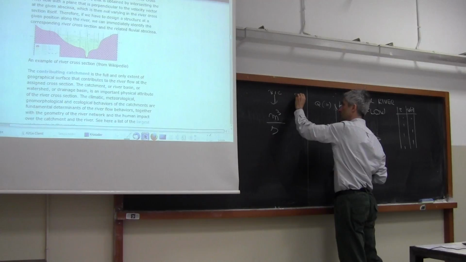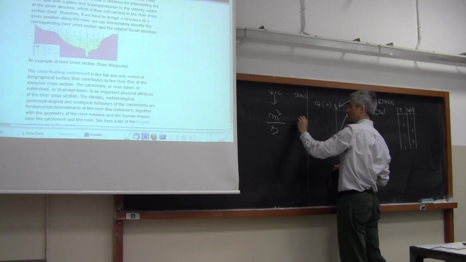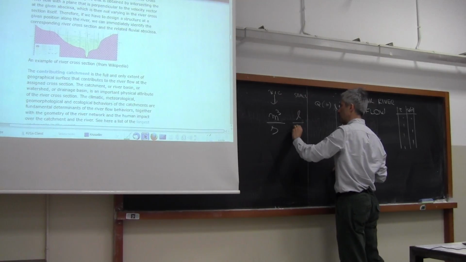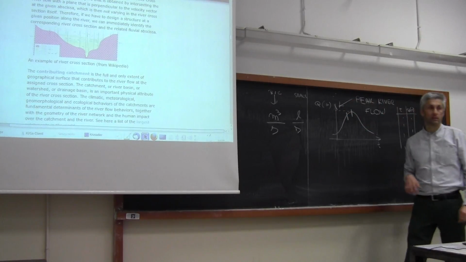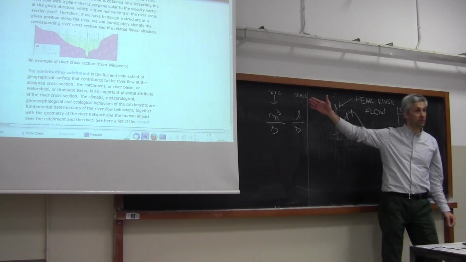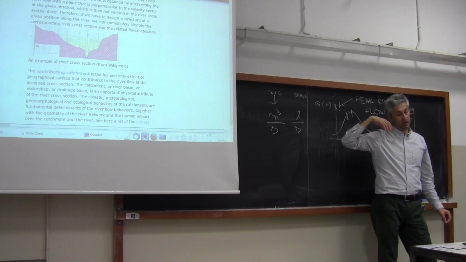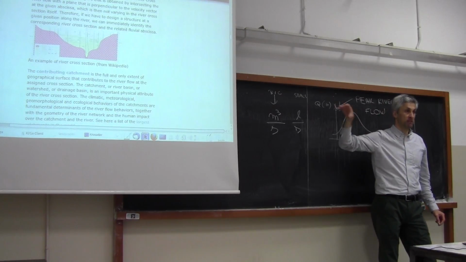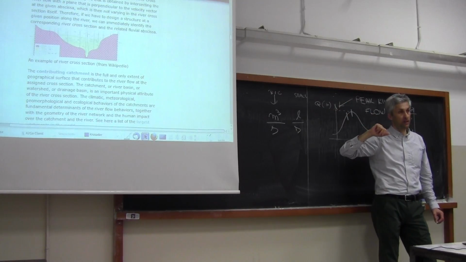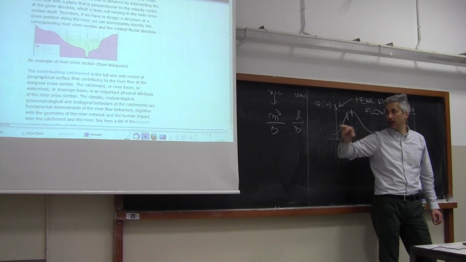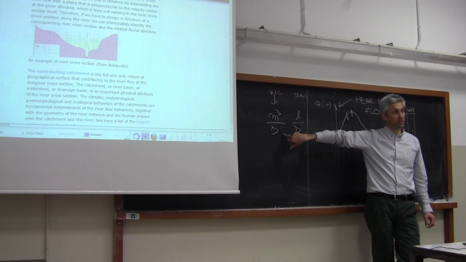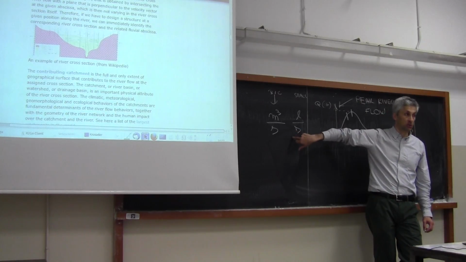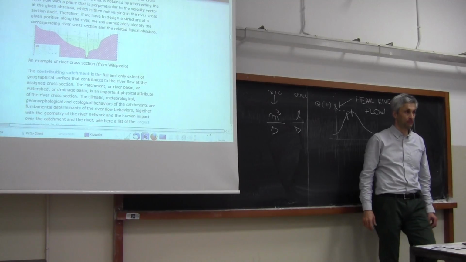For small rivers, it's expressed usually in liters per second. But this should be really very small, like the flow that you get when you open your tap, usually measured in liters per second. And you should never forget that 1 cubic meter per second is equivalent to 1,000 liters per second.